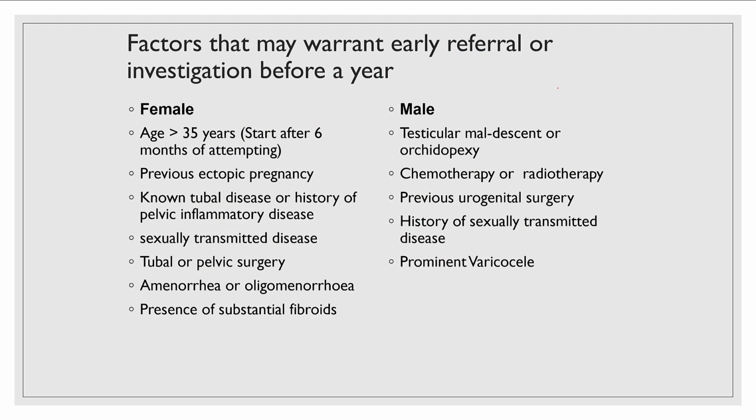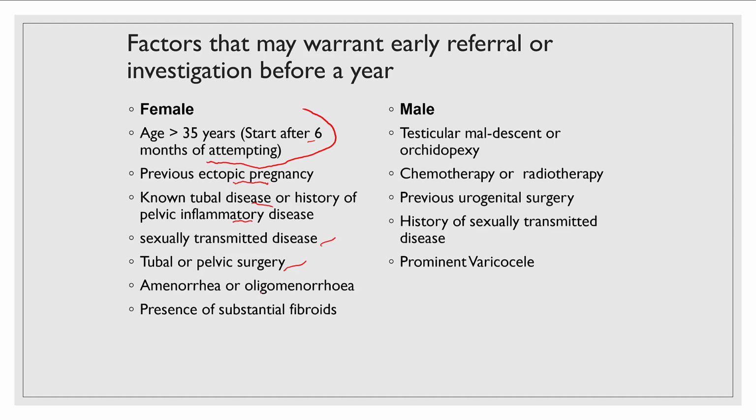There are other background things which you will discover in history, which will help you to decide on early referral. We talked about female age of 35 years or more, or at least after 6 months of trying, you need to think about referring them. Previous ectopic pregnancies, previous PID or tubal damage or history of pelvic surgery, STD, say gonorrhea, chlamydia history, even that history is enough for you to send them for investigation.